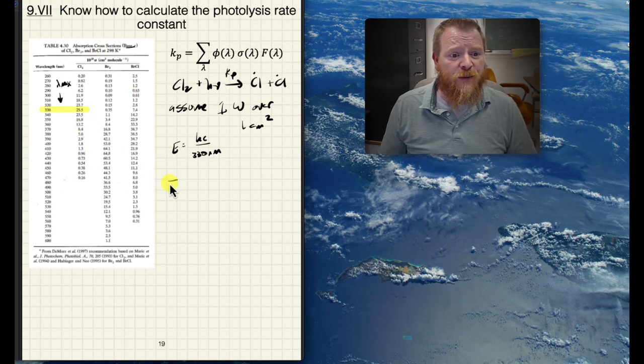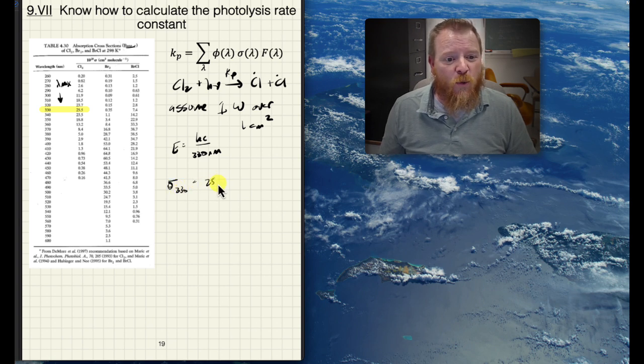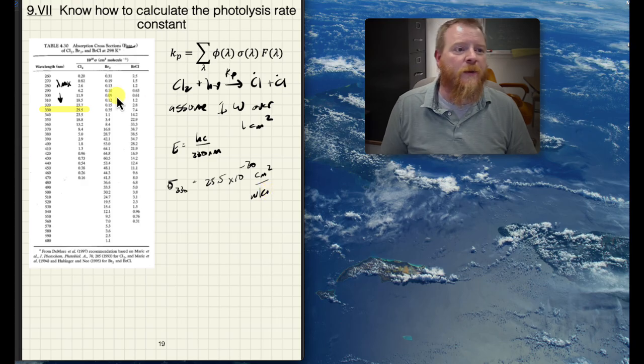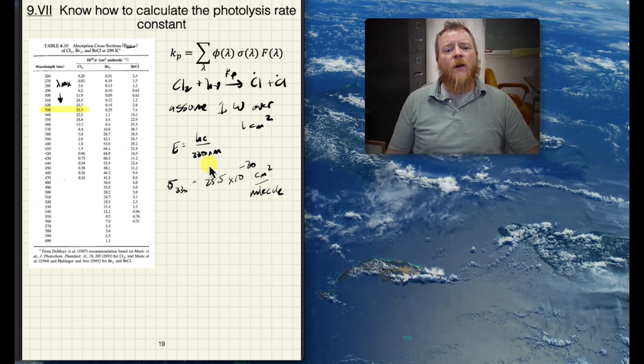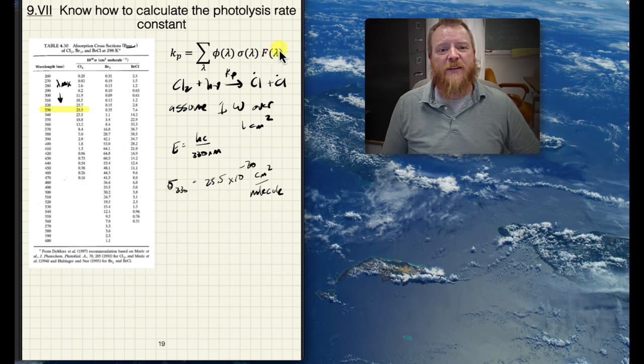So for Cl2, the cross section at 330 is actually 25.5 times 10 to the minus 20 square centimeter per molecule. Let me write that again. Cross sections are typically very small numbers.